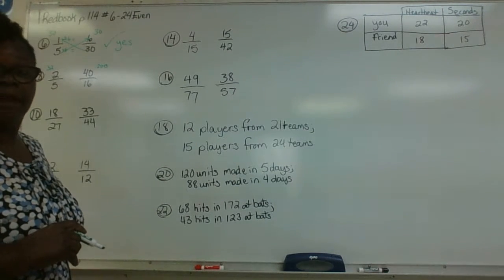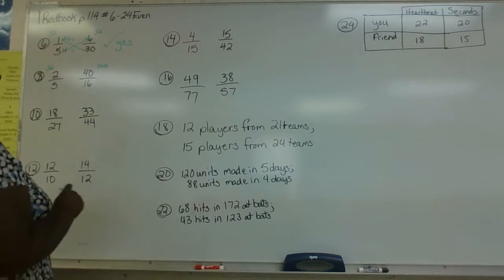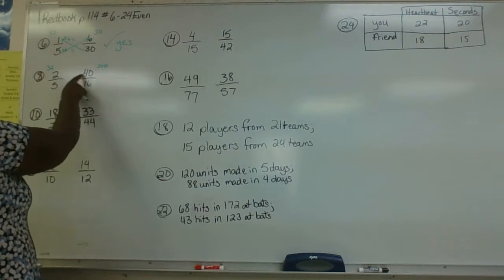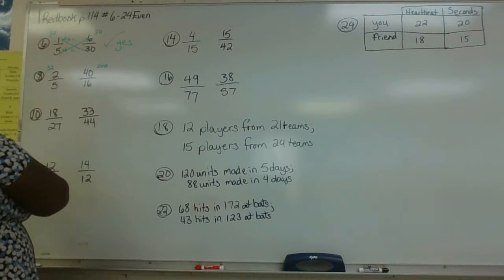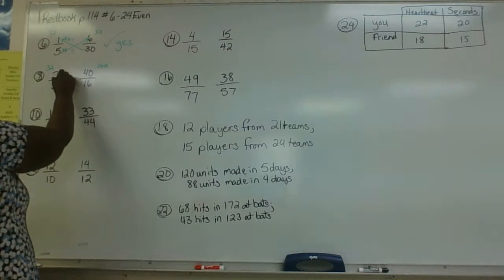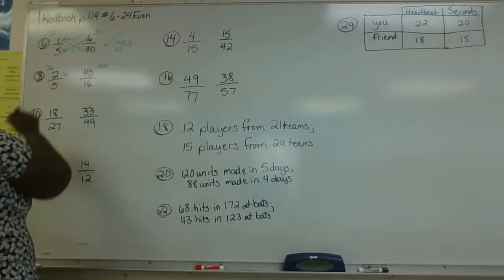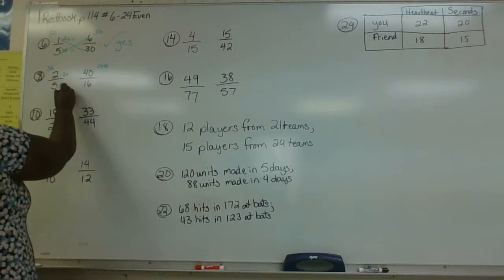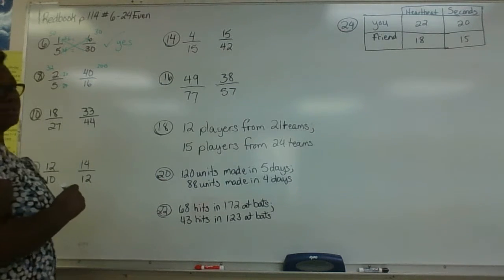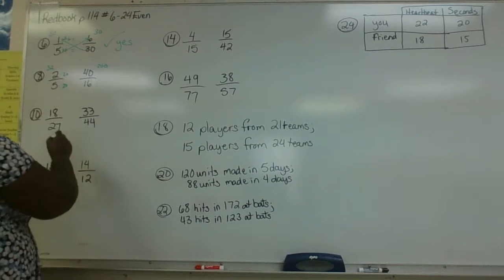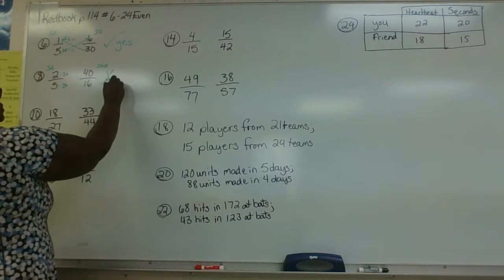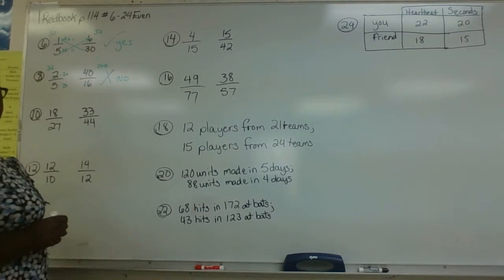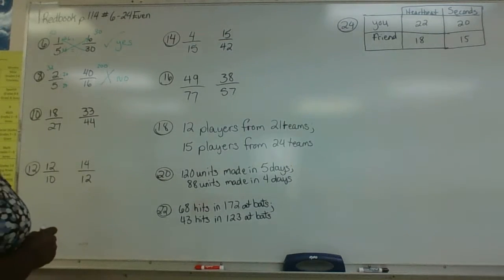So far, we have a no. But let's double check. 2 times what equals 40? 2 times 20. 5 times 20 does not equal 16. Therefore, this is a no. It's not a proportion. Okay? Let's look now at number 10.